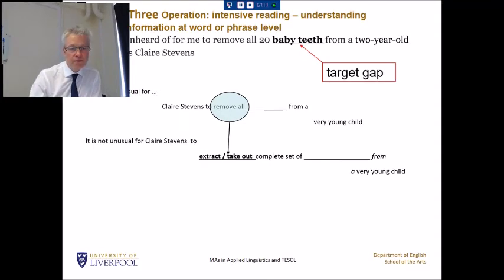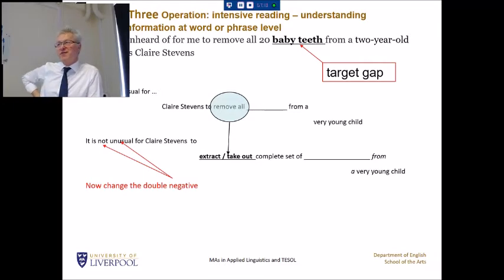But now we've got to change the double negative. So how can we do that? How can we change the double negative?